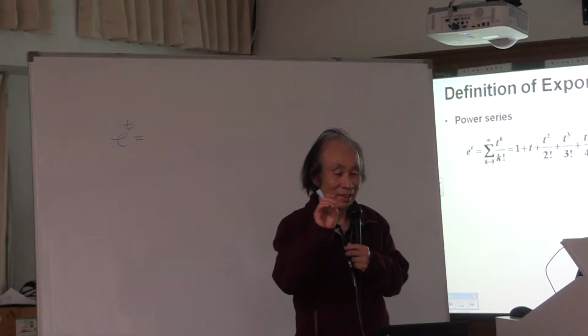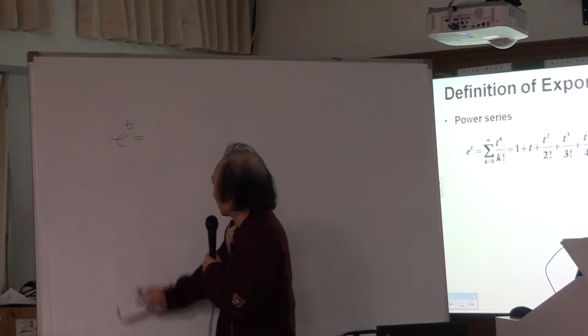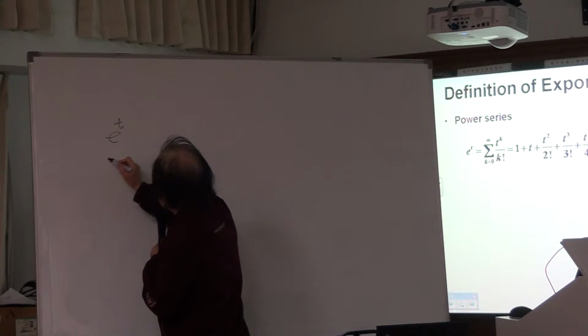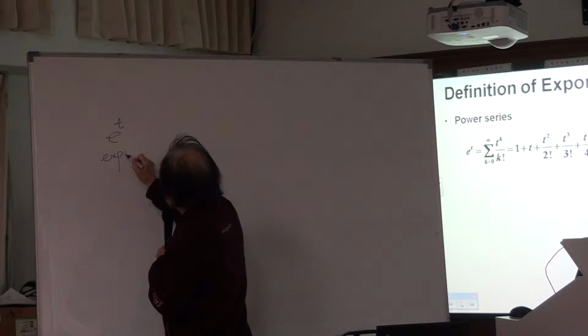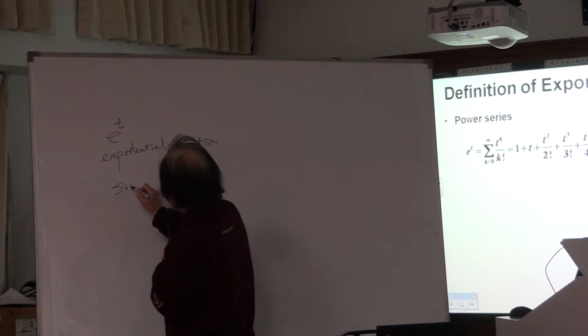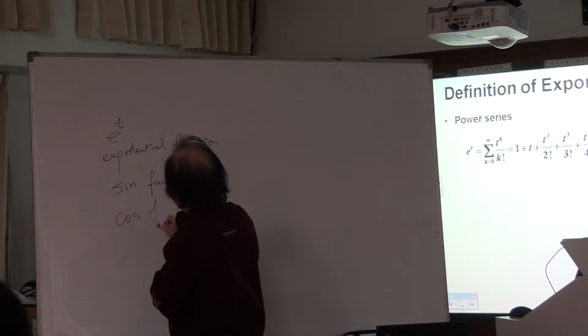Today we know this, we call it exponential function of t. Then we also have the sine function, and we also have the cosine function.